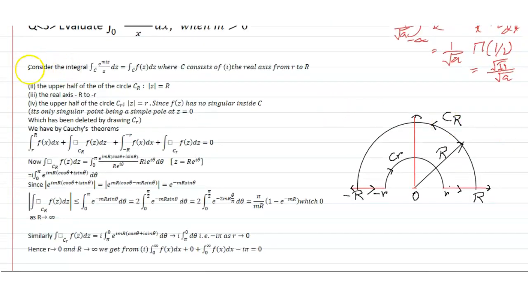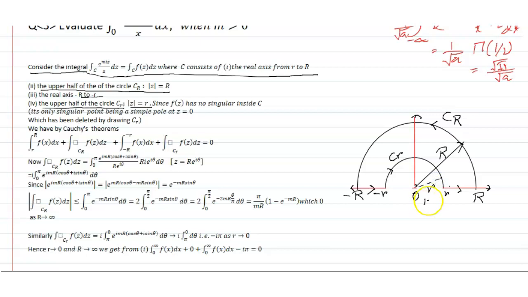And the next problem is very simple. Consider the integral over C of e to the power i m z dz, which is equal to the integral over C of f(z) dz, where C consists of the real axis from minus R to R, and the upper half of the circle C_R, mod z equals R. The real axis is from R to minus R. And the small circle is mod z equal to small r.